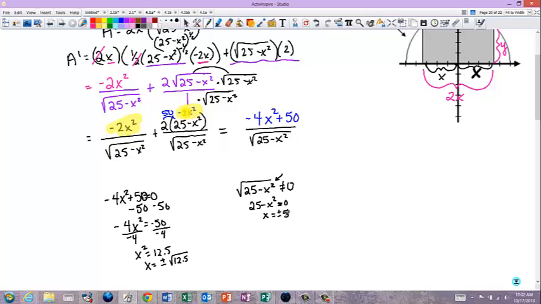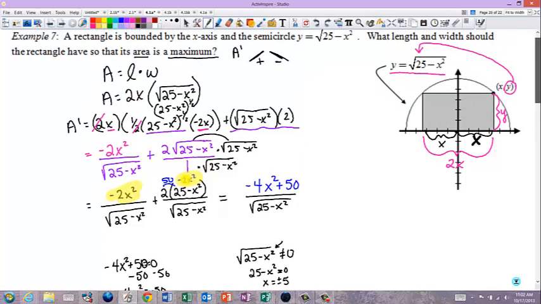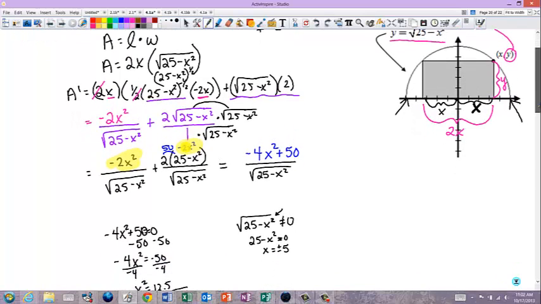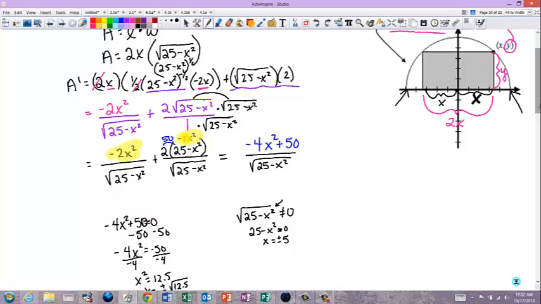And if you look at your picture, come up here, those are the endpoints of my rectangle. So if I did a sign graph for that, I would get between negative 5 and 5, which is my domain of my problem anyway, because I can't make a rectangle bigger than my semicircle. Did I say the endpoints of my rectangle? I meant the endpoints of my semicircle.